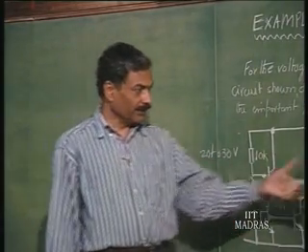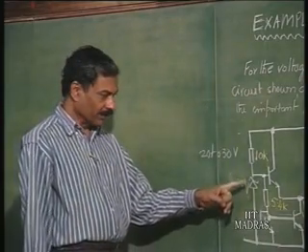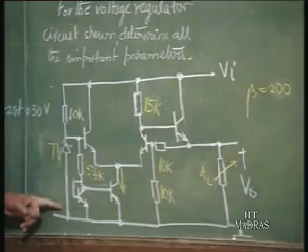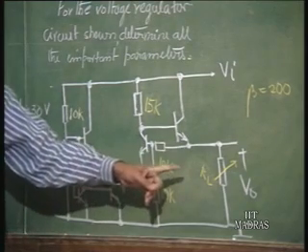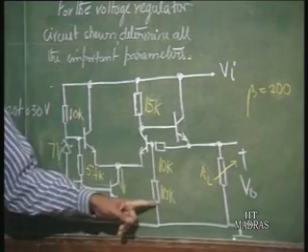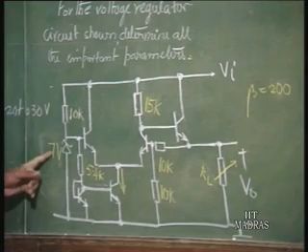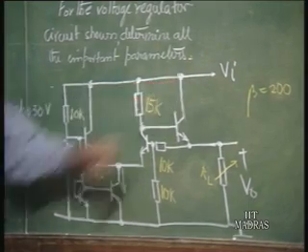You want a regulated supply voltage of, let us say, in this case 14 volts, because Vz is 7 volts and R2 is taken as equal to R1, 10K 10K. So, 1 plus R2 over R1 is 2. So, 2 times 7 volts is the output voltage.